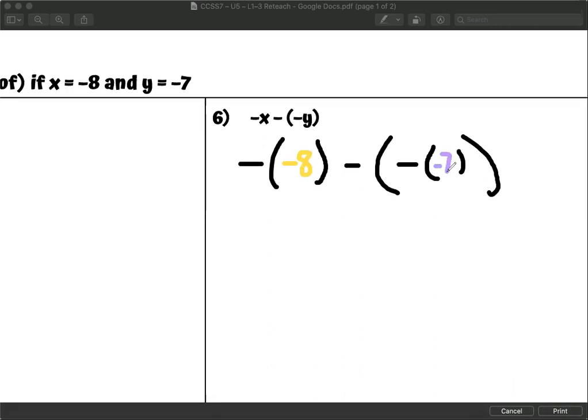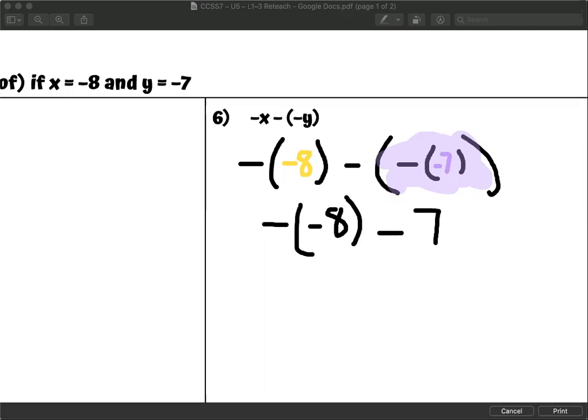Okay. So within these parentheses, I'm going to do that first. I'm first going to figure out what is the opposite of -7. Well, the opposite of -7 is +7. So I'm rewriting everything. Negative, our x value of -8 minus 7.